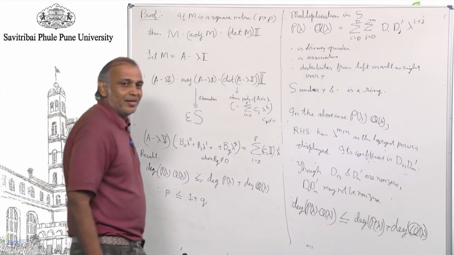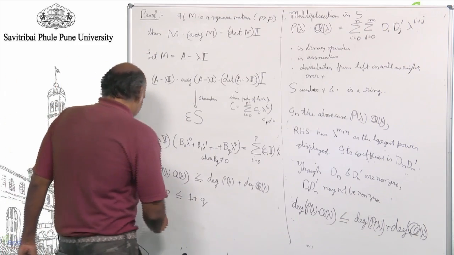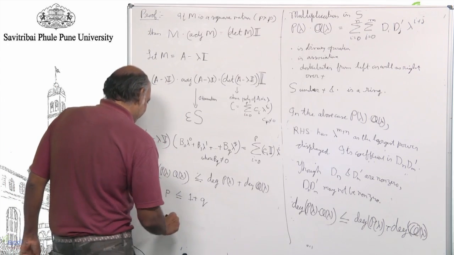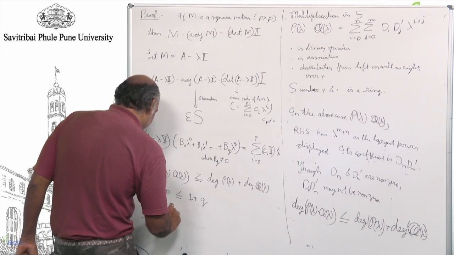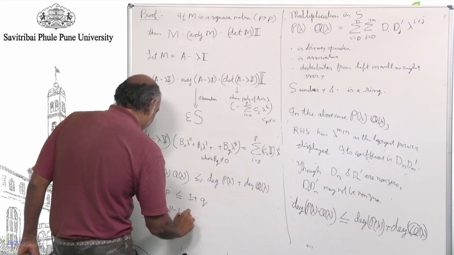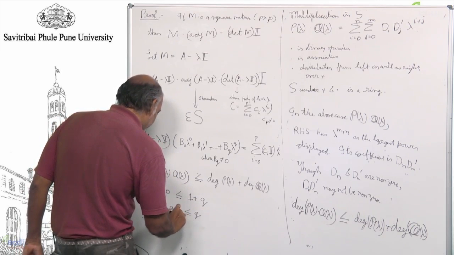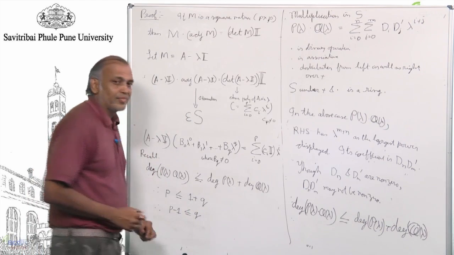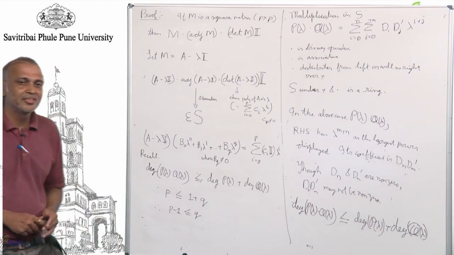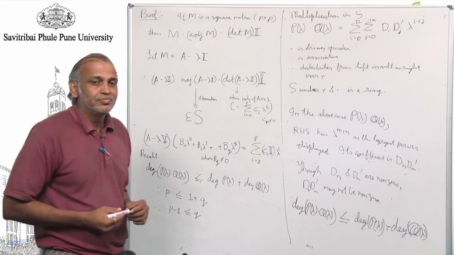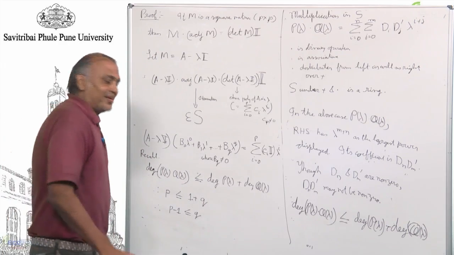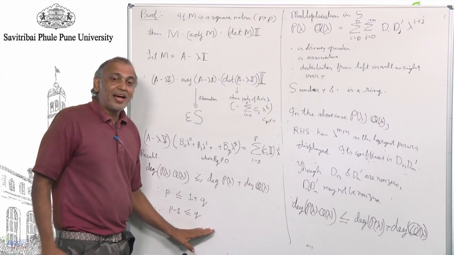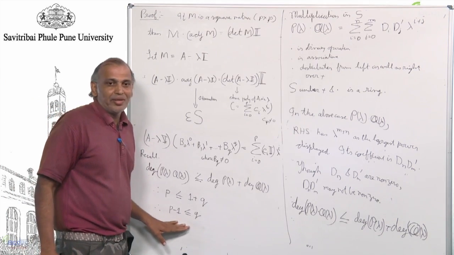Okay. So therefore you have p minus 1 is less than or equal to q directly from here. Okay. So q could be at best at least p minus 1.